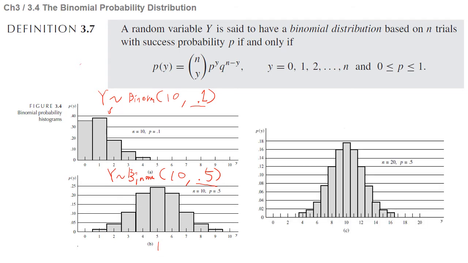And when we have a large number of events, when we have 20 trials, here y follows binomial 20 and 0.5, and it looks like this shape. And actually it looks kind of like a bell shape.